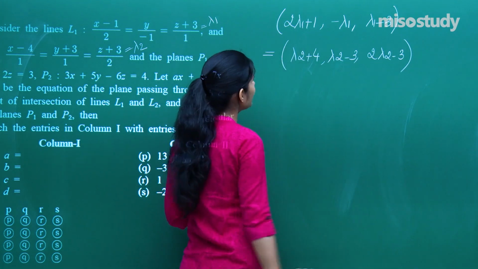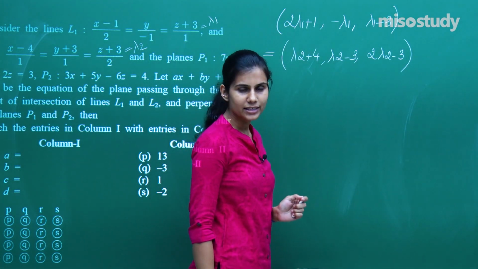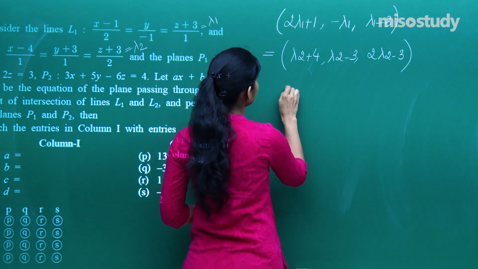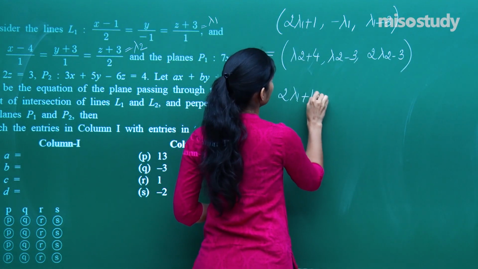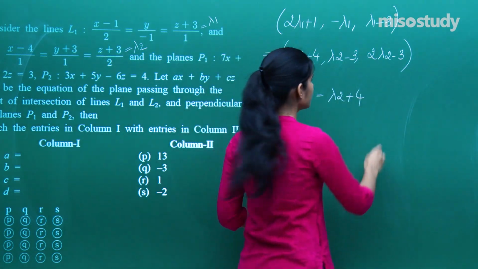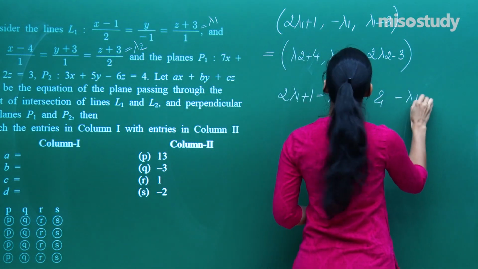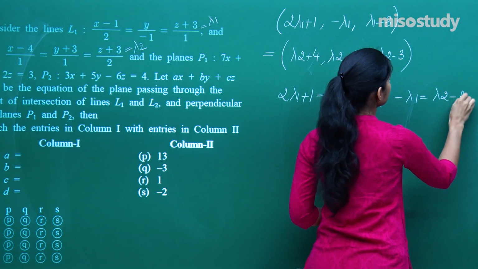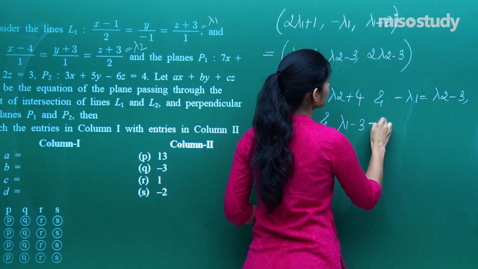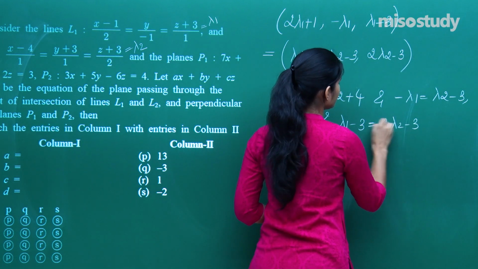For which values of lambda 1 and lambda 2 will they be equal? That is going to give you the point of intersection of the two lines. So you basically get 2 lambda 1 plus 1 equals lambda 2 plus 4, right? And you get minus lambda 1 equals lambda 2 minus 3, and you get lambda 1 minus 3 equals 2 lambda 2 minus 3. Fine.